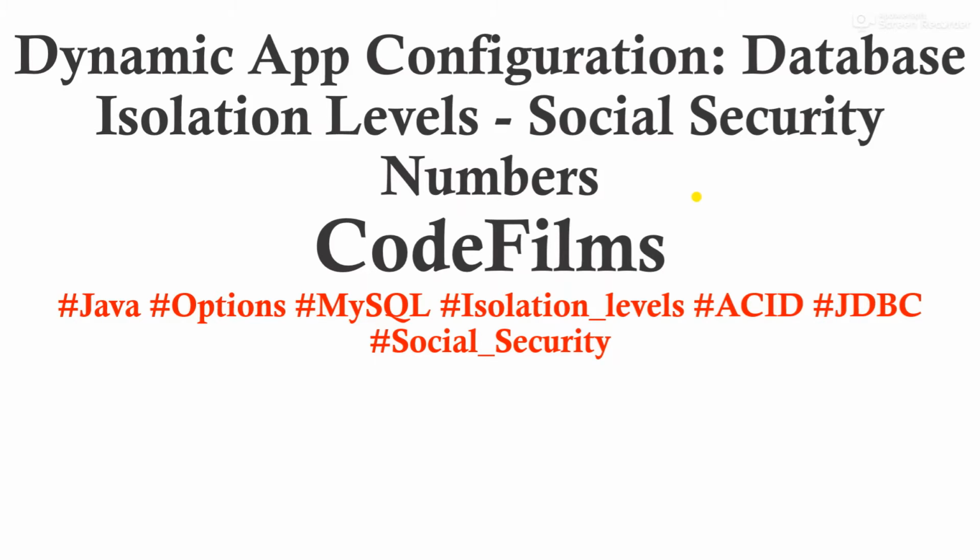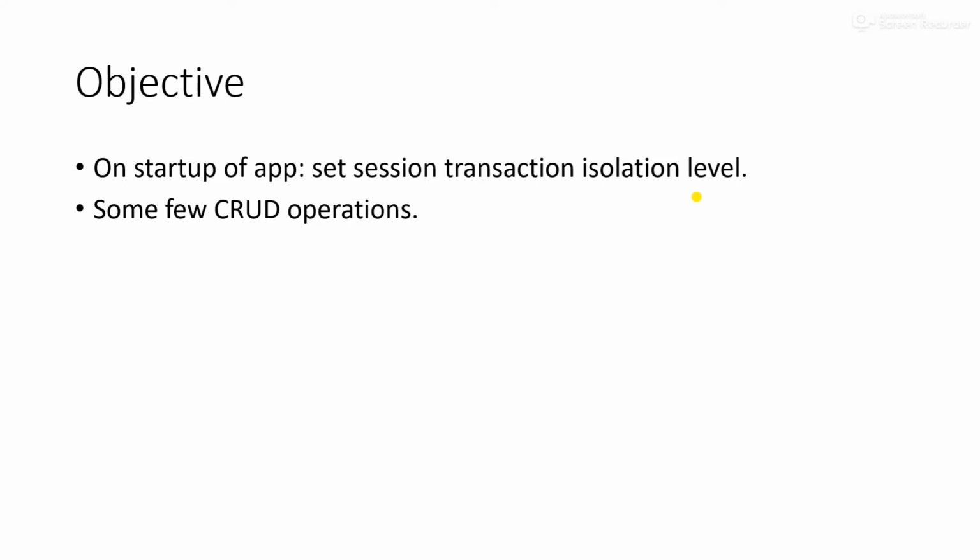Because of database isolation levels, you can prevent such a thing from happening. We have several database isolation levels, and this Code Film will walk through each of them gradually.